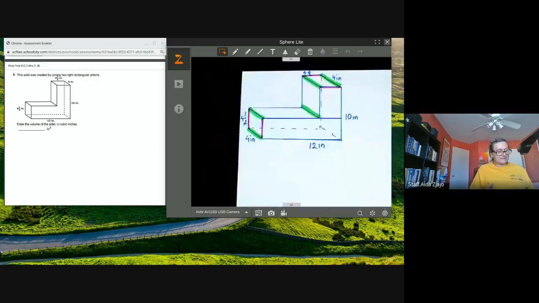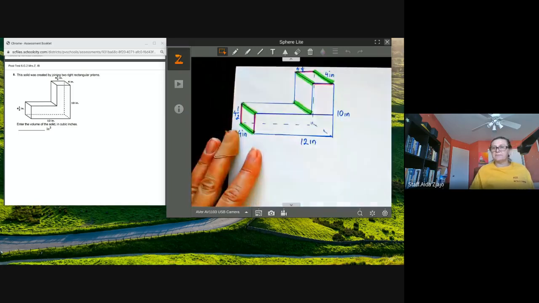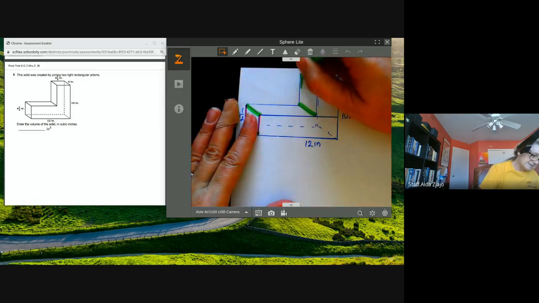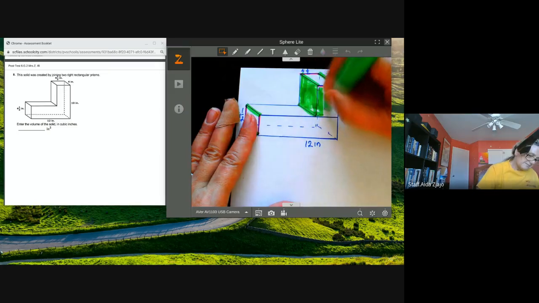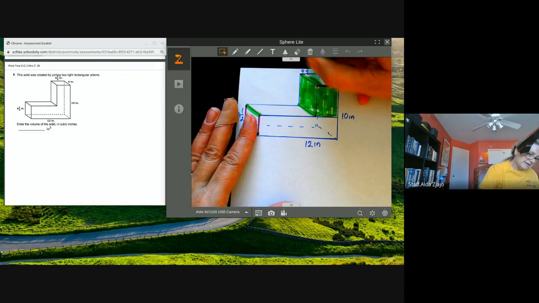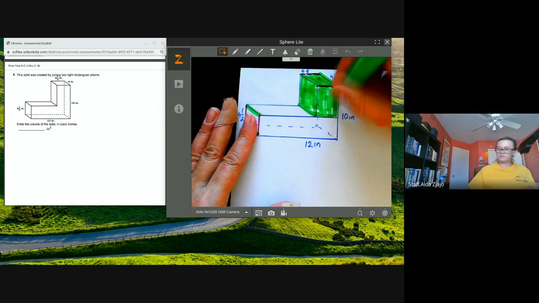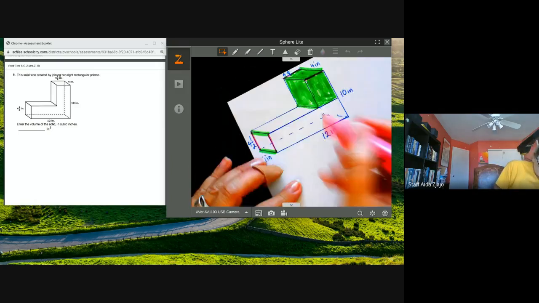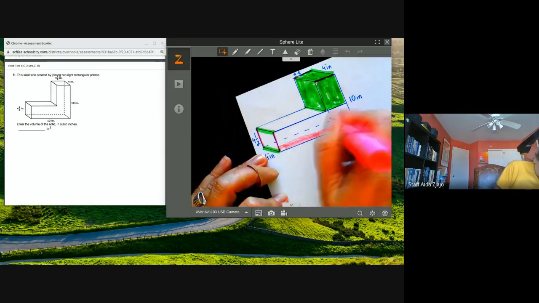Yeah, you can see that if you cut it horizontally, I will make this one a green box, and then I will have this one be a pink box. So I'm trying to color it to make it more interesting, okay?